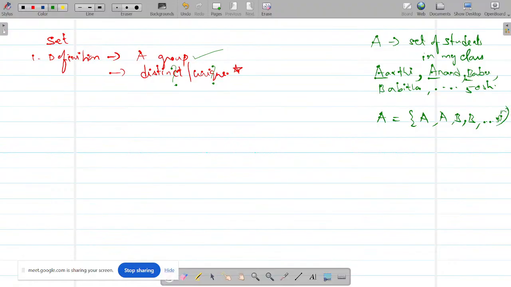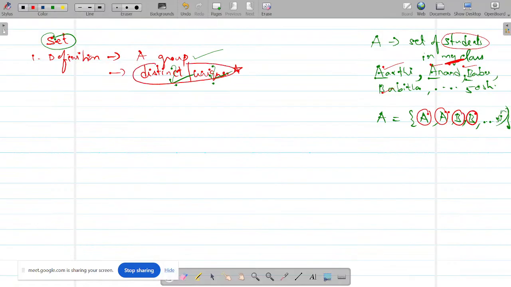Now the problem arises when I define a set: it should be distinct and unique. When you go for the definition, it's clear that it is the names of the students in my class. So I started naming them Aarti, Anand, Babu, Babita, etc. But when I go for listing it with the help of the first alphabets alone, I get 2 A's repeated, 2 B's repeated.